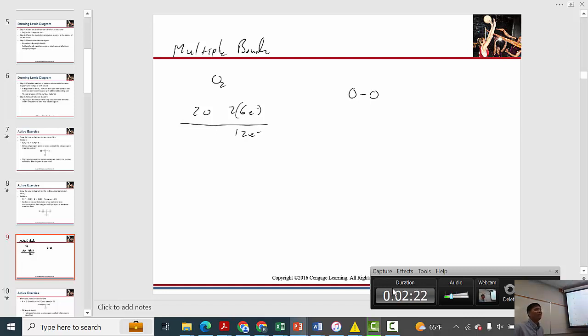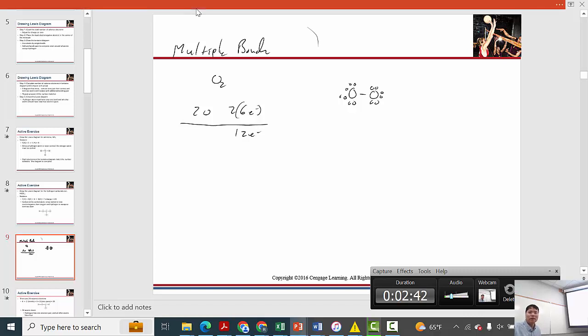And then what we do is we complete the octet on the terminal atoms. And so oxygen would get 3 additional lone pairs to complete the octet on each side. And now we have an octet on each of these, but when we count the electrons, let's go ahead and count.